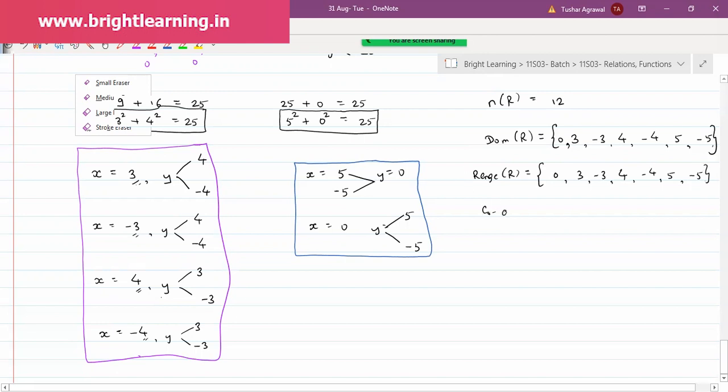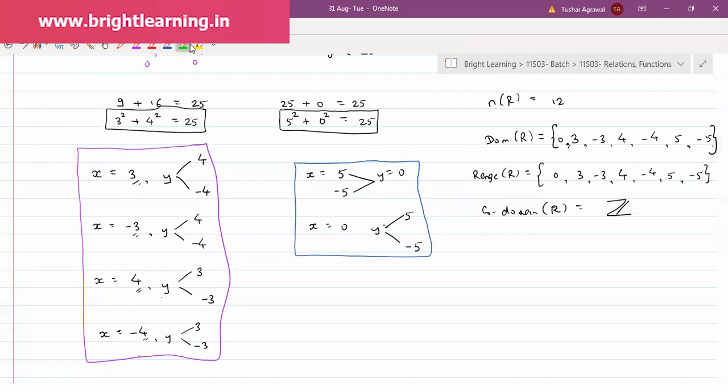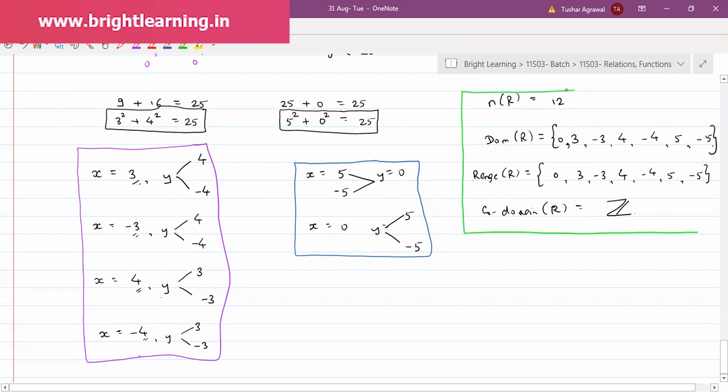Codomain is the set of integers only. Codomain of R is equal to the second set complete, that is the set of integers. Cardinality we have already seen. This will be my answer. Is it clear?